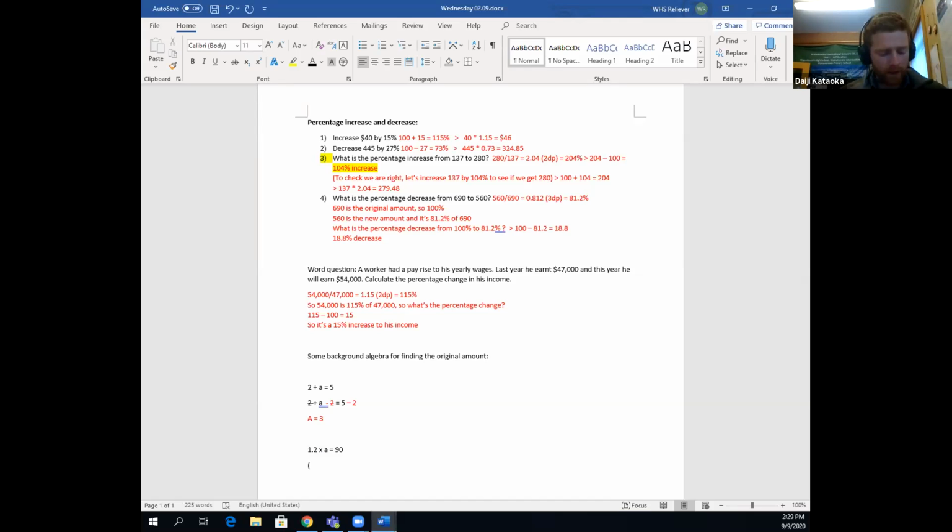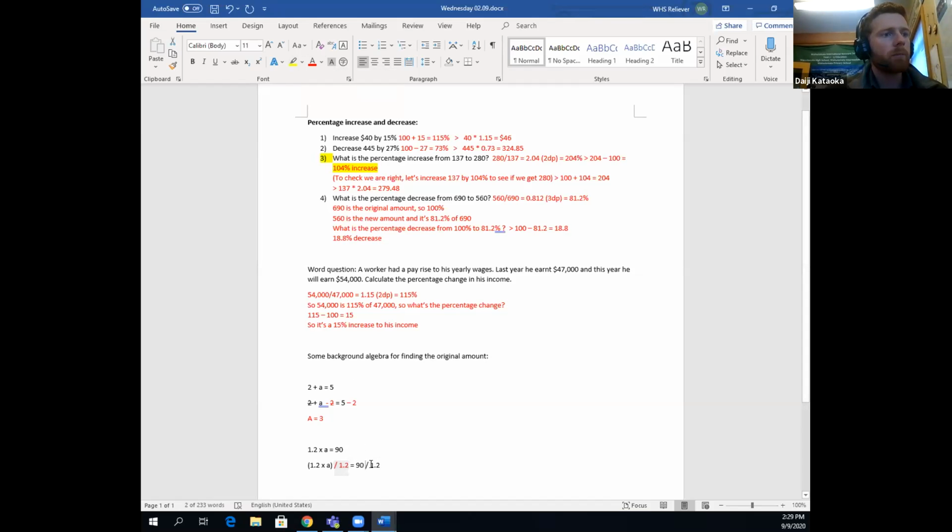So the way I'd do that is I'd put this into brackets. 1.2 times a, and then I'll say divided by 1.2 equals 90 divided by 1.2. Let me just make those in red to show you what I'm doing.